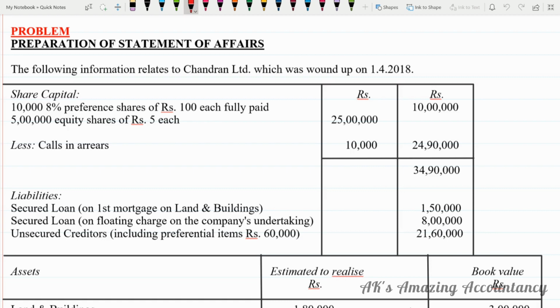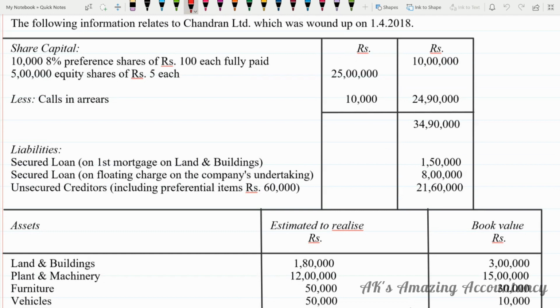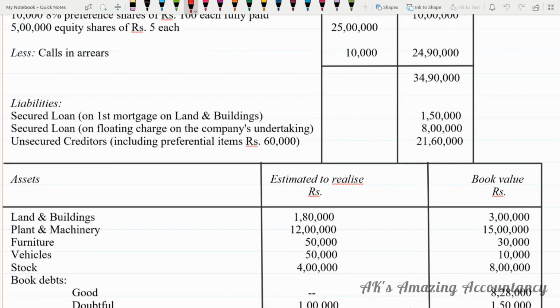Liabilities: secured loan on first mortgage on land and buildings 1,50,000; secured loan on floating charge on company's undertaking 8 lakhs; unsecured creditors including preferential items of rupees 60,000, 21 lakh 60,000.